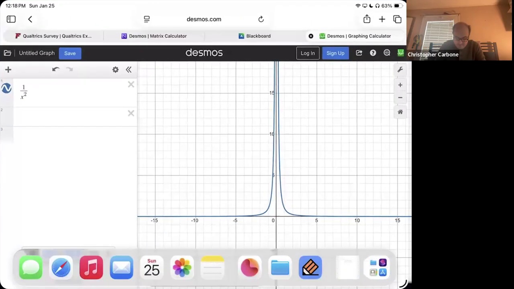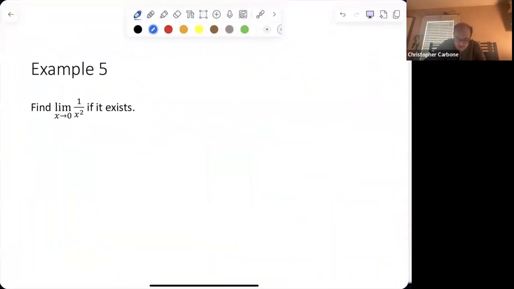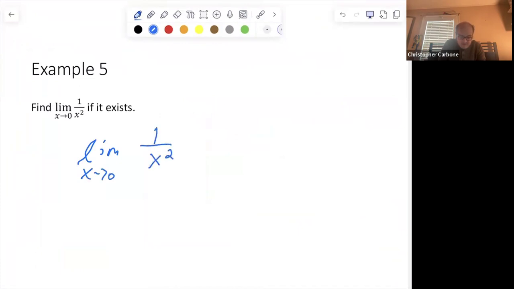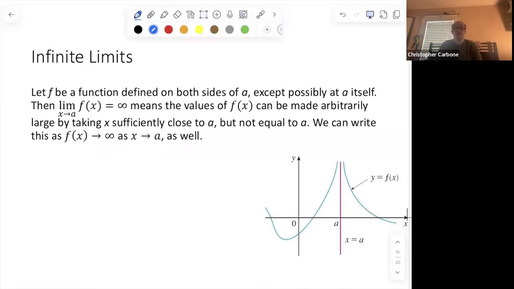So both of these, on the left and the right, for the limit as we approach 0 of 1 over x squared, since they both increase without bound, this should be equal to infinity. It keeps increasing and increasing. So infinite limits, which is what that's an example of: let f be a function defined on both sides of a, except possibly at a itself.